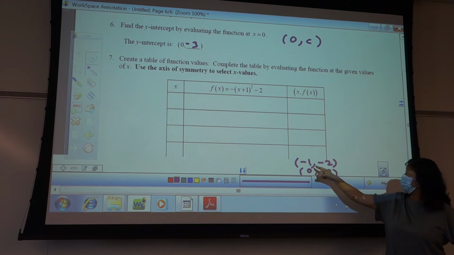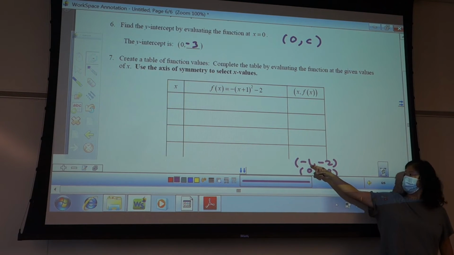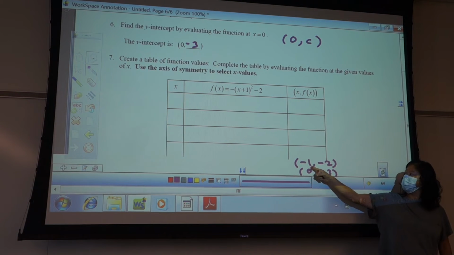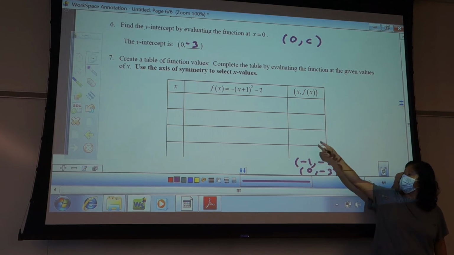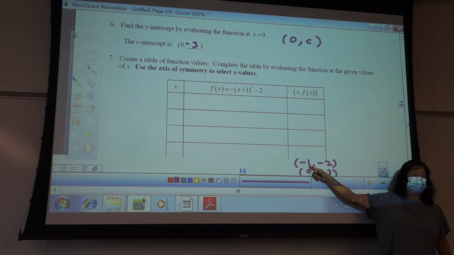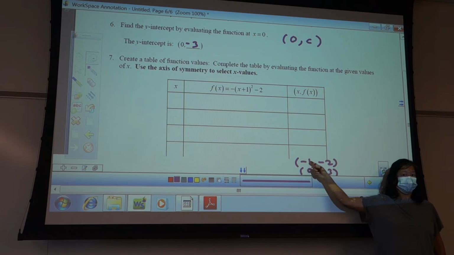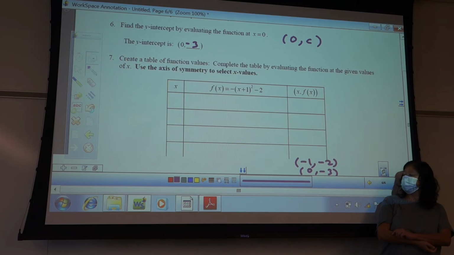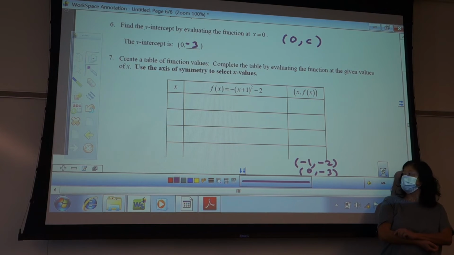Keeping in mind, this is my h, my x, my vertex. What other 3 numbers should I pick? Write down what you think. Remember, they should be near this number, right? Plus or minus off of both sides?